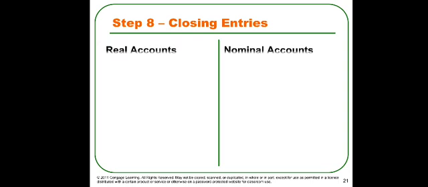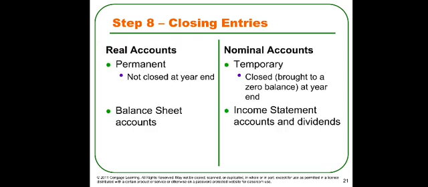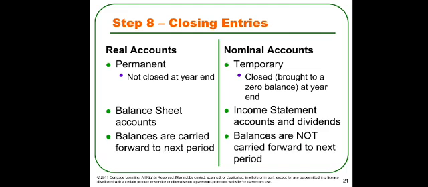Okay, this is the final step in the accounting cycle. In this final step, you have to do the closing entries. You have to close all the accounts. To close the accounts, you have to know there are two types of accounts: the real accounts and the nominal accounts.